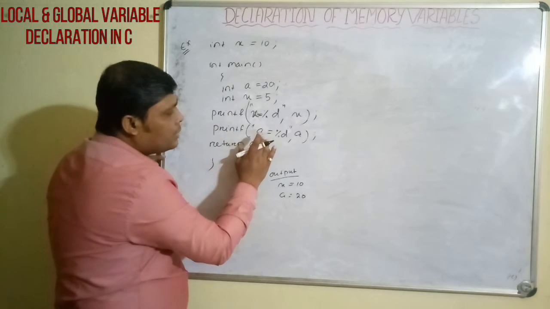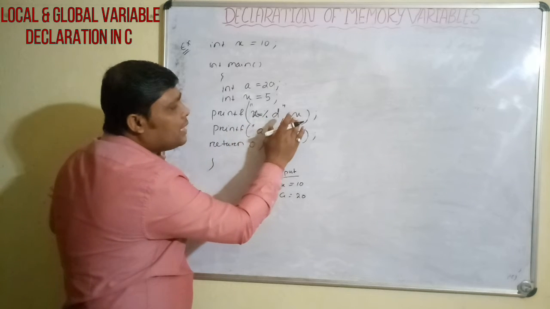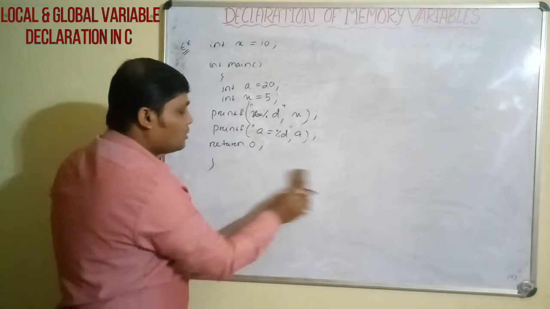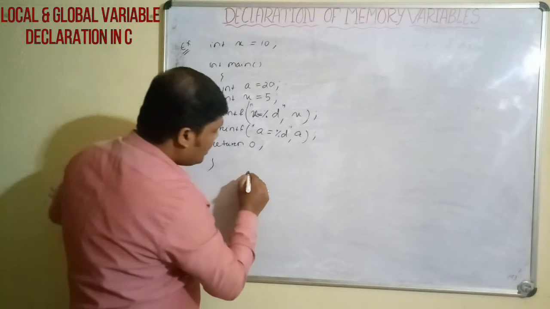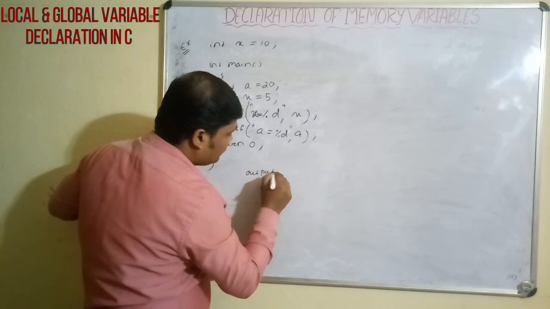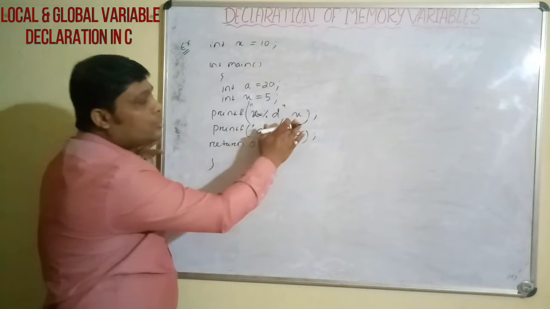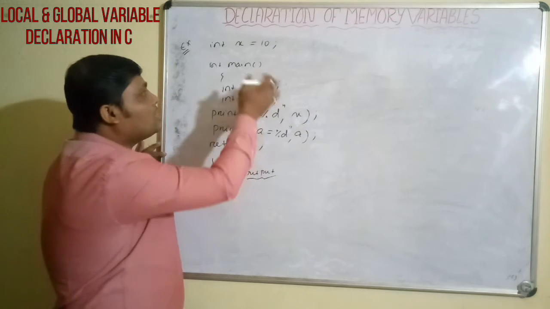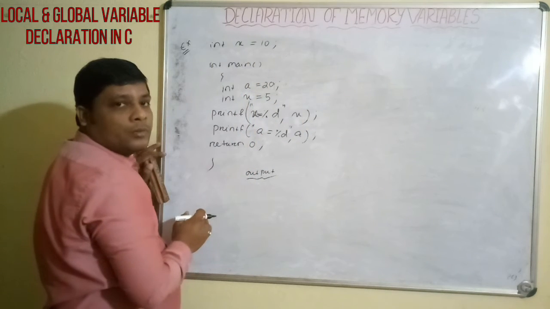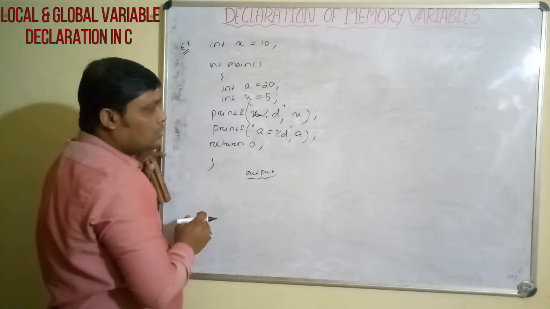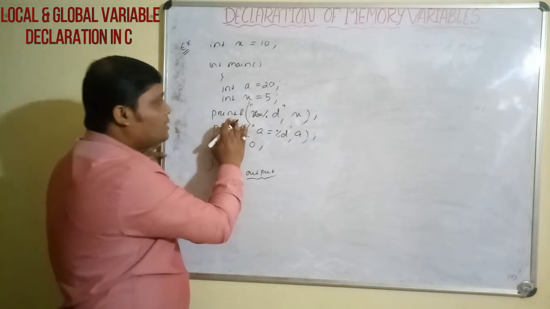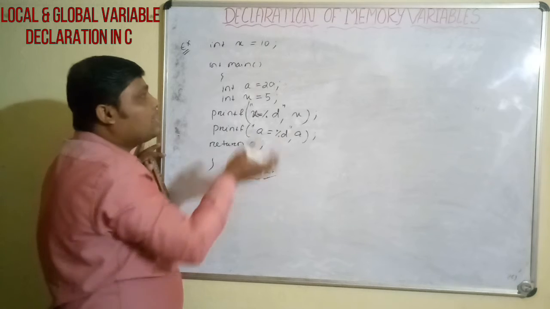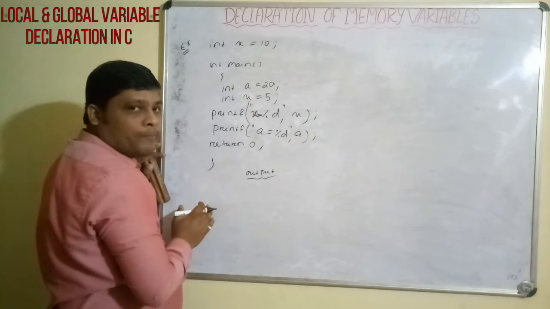So if I print x equal to %d, x, then what will it display now? Tell the output. Whether it will display the value of the local variable or the value of the global variable. Always the local variable has more priority than the global variable.